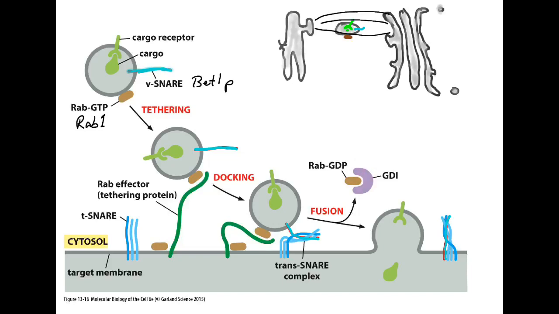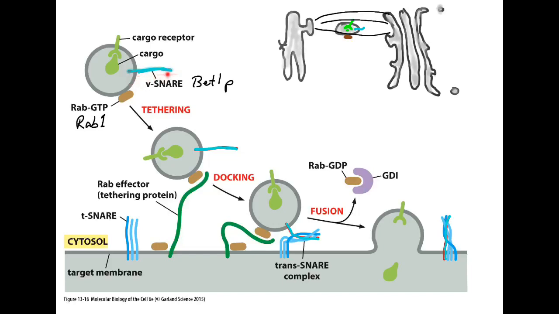Once you remove the coat, then that leads to the dissociation of RAB GDP from GDI, its conversion to the GTP bound form, and its association with the membrane of the trafficking vesicle. And that association is transient but significant enough, strong enough that it will last until this vesicle gets to the surface of the Golgi, as it turns out.